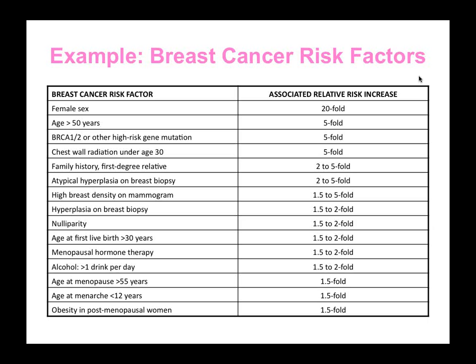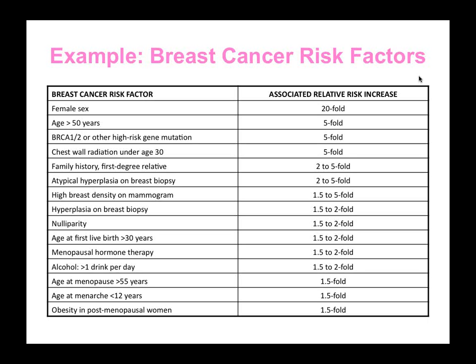There are a number of pre-malignant lesions that one can see on breast biopsies. We talked about how the normal cells can become hyperplastic and then atypical and then develop into carcinoma in situ and into invasive cancer. Well, finding one of these lesions like hyperplasia or atypical hyperplasia on a breast biopsy is also associated with elevated breast cancer risk.